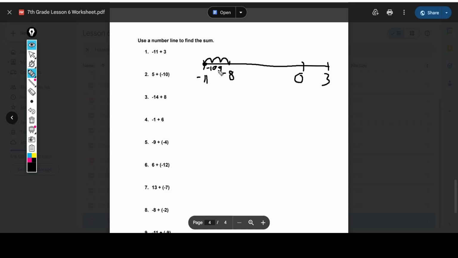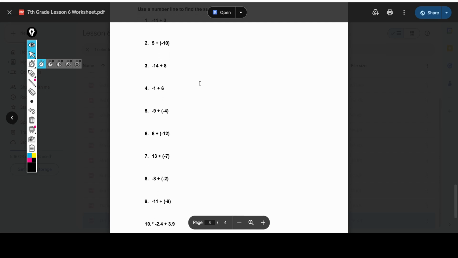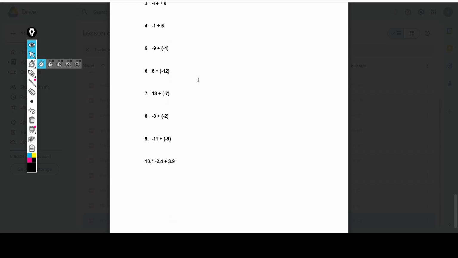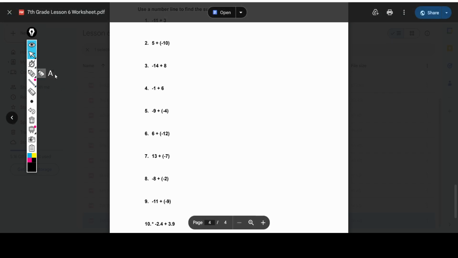So 1, 2, 3, and that's negative 8. And you can do the same for all of these, but to be honest, you should try to get comfortable with using no number line and just doing the addition without it, because the number line is very slow.